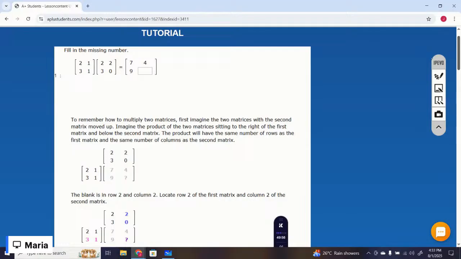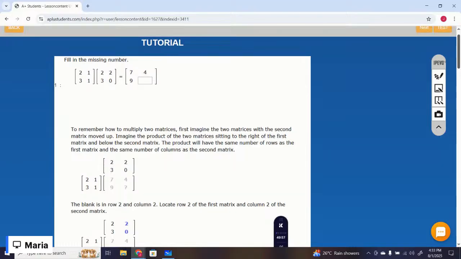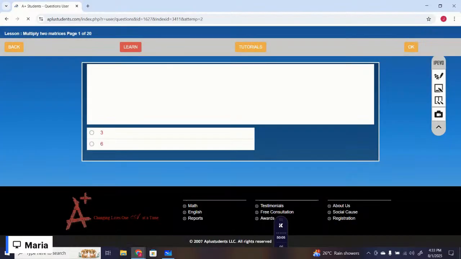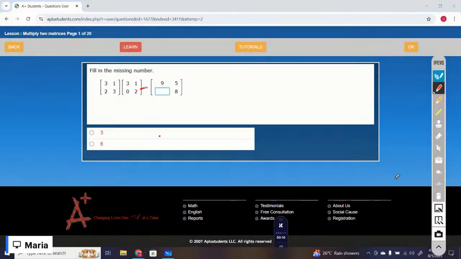Okay, I'm going to start. Let's just multiply them. So here are the given matrices. We need to multiply them. We multiply them like this: the row from the first matrix and the column from the second matrix.